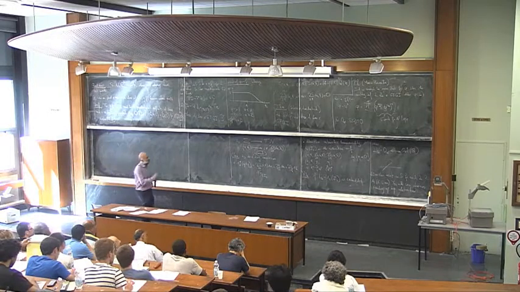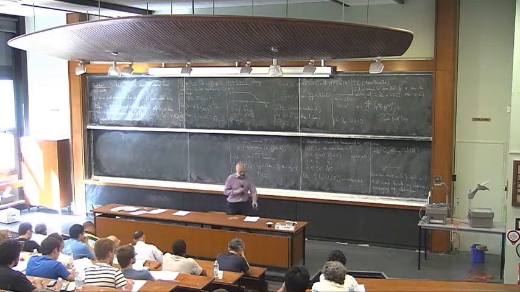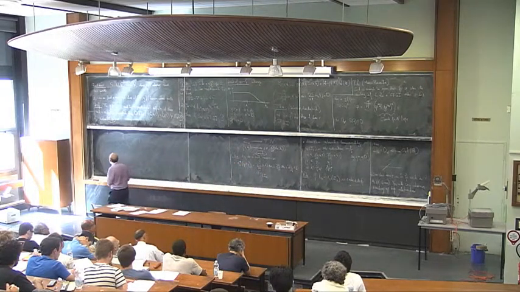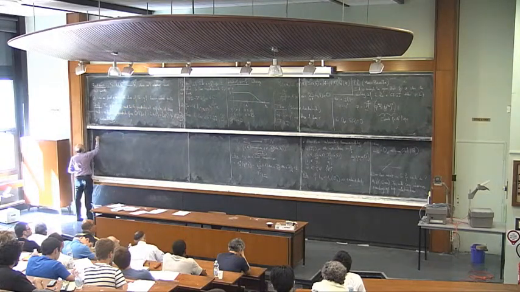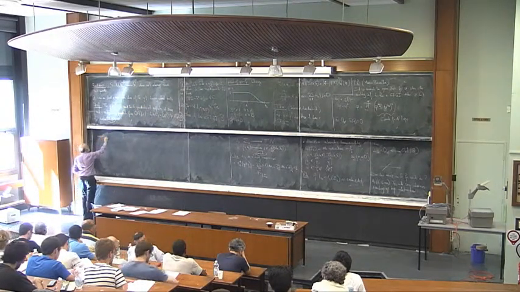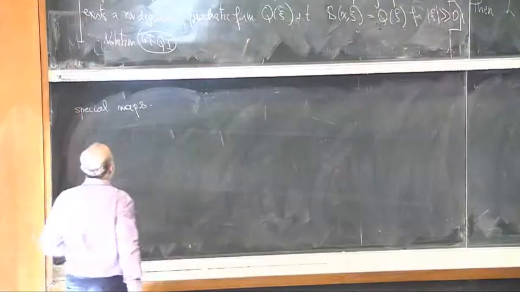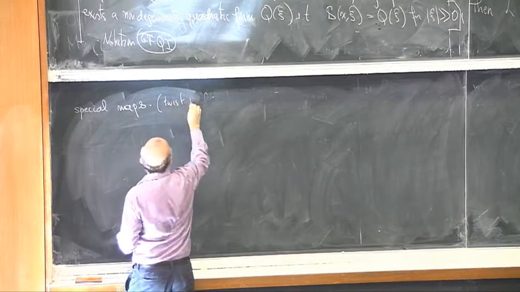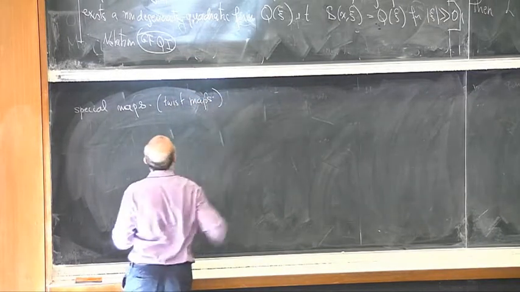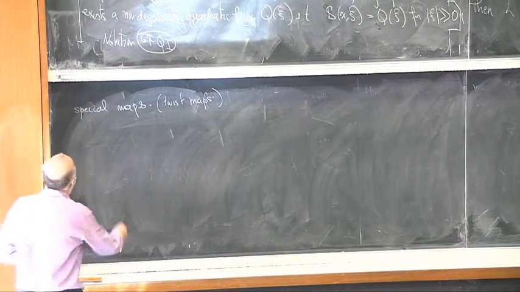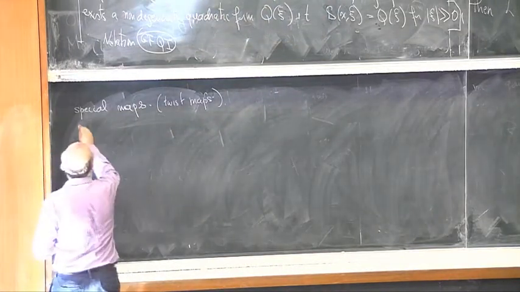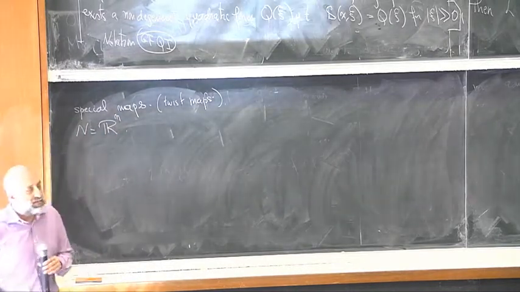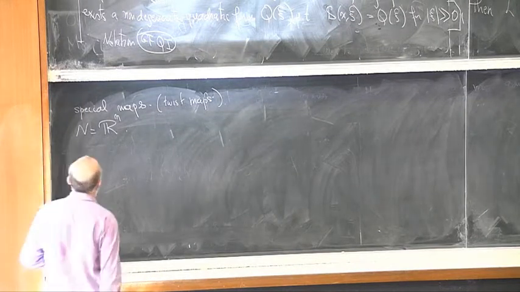Okay, so what you have to do is to prove this for small maps. And now I'm going to consider special maps which are sometimes called twist maps, which are defined as follows. First I'm going to assume that N is a Euclidean space. So it's non-compact now.